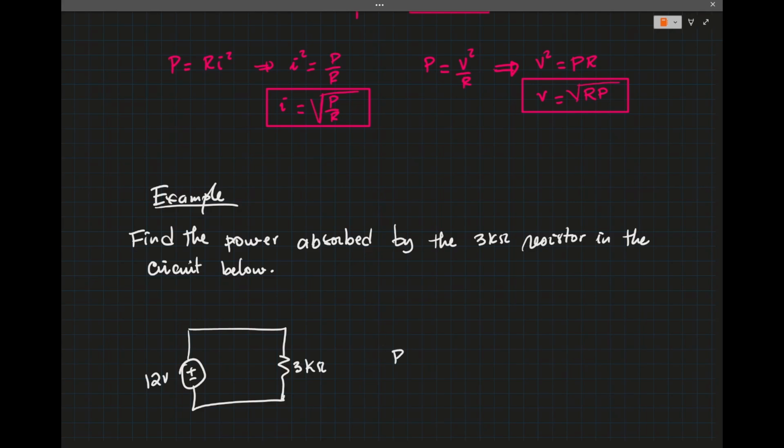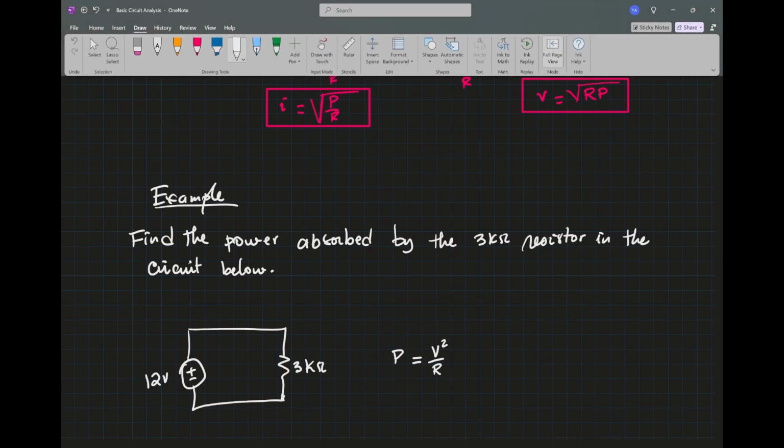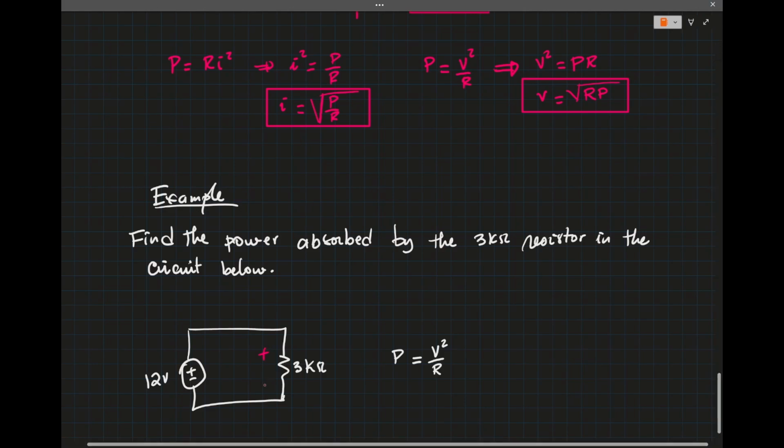We know that P equal to V squared over R. We know the voltage across that resistor, which is 12 volts.